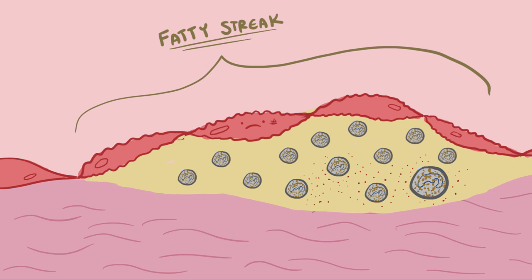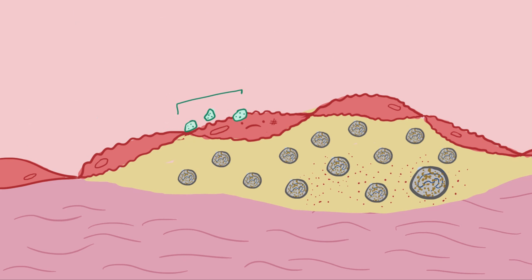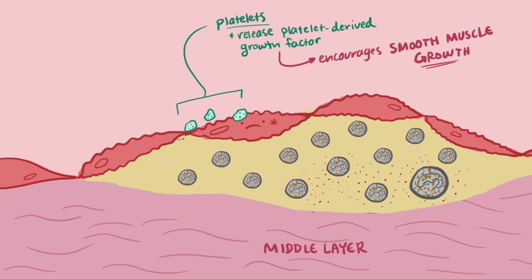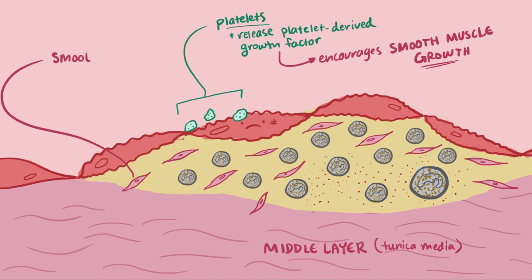Now, the fatty streak is thrombogenic, meaning that blood can clot on it. Platelets begin to gather at the damaged endothelium and release platelet-derived growth factor, which in turn encourages the growth of smooth muscle cells. Now, normally smooth muscle cells are supposed to stay within the middle layer of the blood vessel, the tunica media. The release of platelet-derived growth factor draws the media smooth muscle cells to the tunica intima, where they multiply.